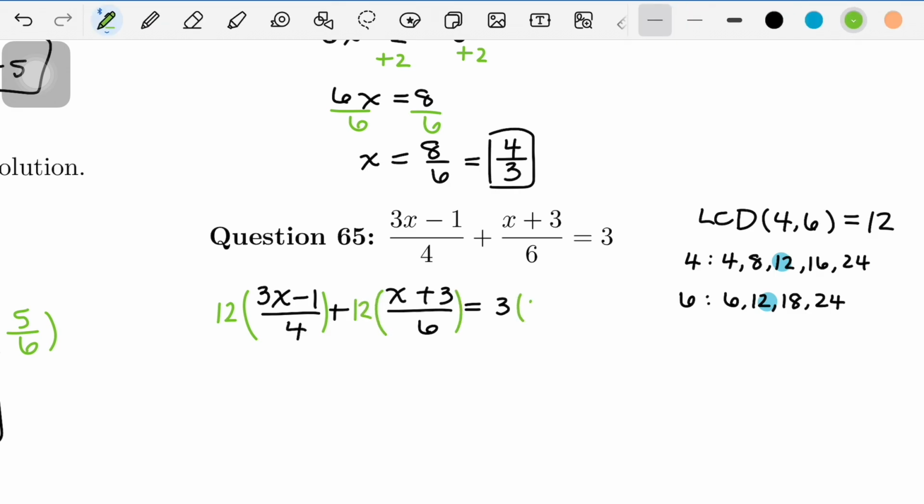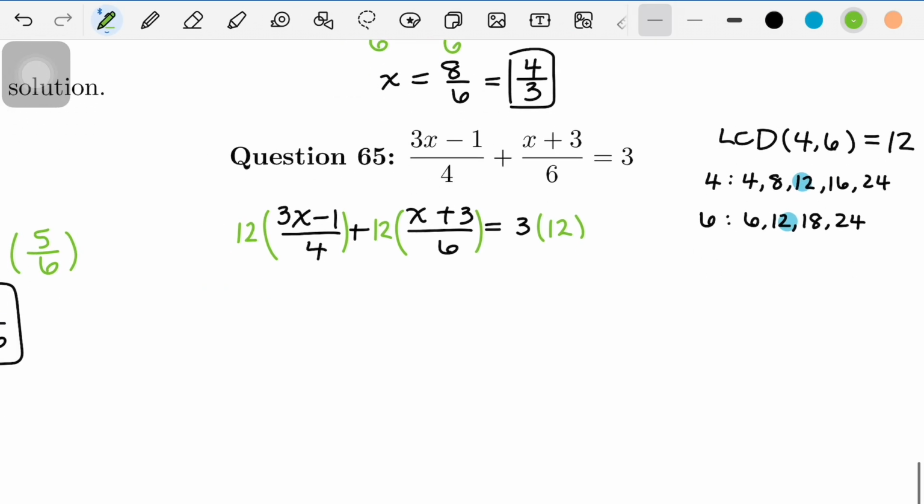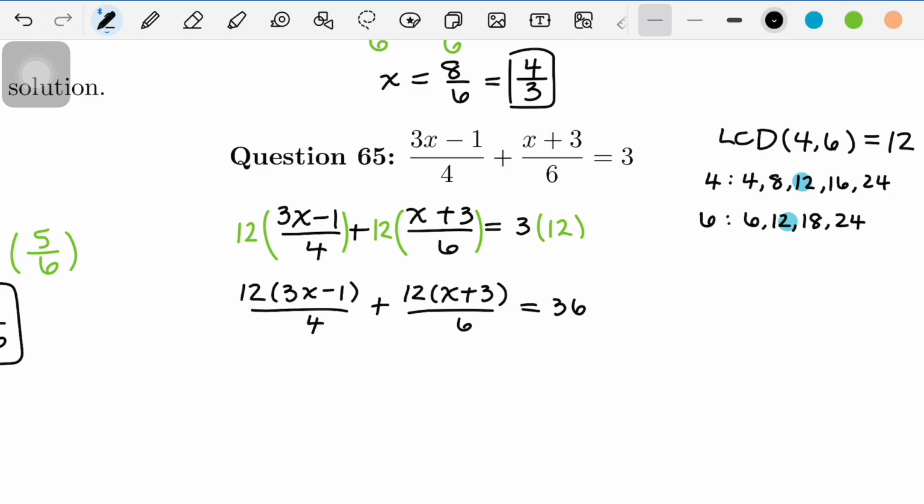All right, so now what we get here is 12 times 3x minus 1 over 4 in this term, and then 12 times x plus 3 over 6 for this term. And then on our right-hand side, we just have 3 times 12, which is 36.